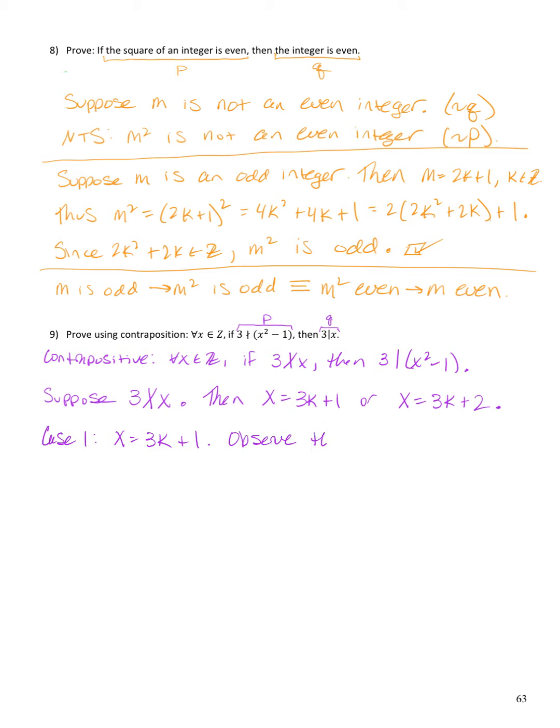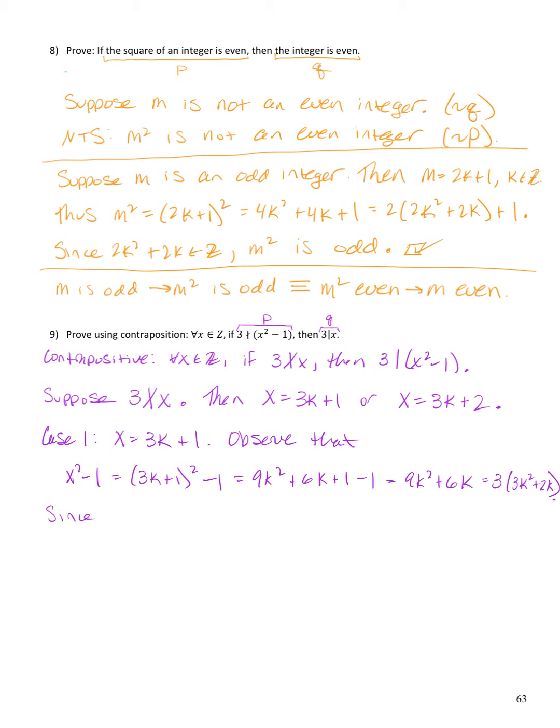Observe that x squared minus 1 is 3k plus 1 squared minus 1, just replacing x with 3k plus 1, and that is 9k squared plus 6k plus 1 minus 1, which is 9k squared plus 6k, which is 3 times 3k squared plus 2k.